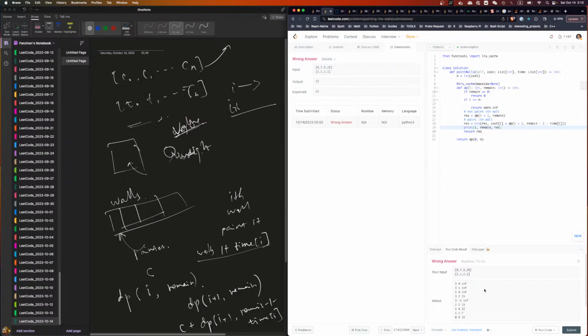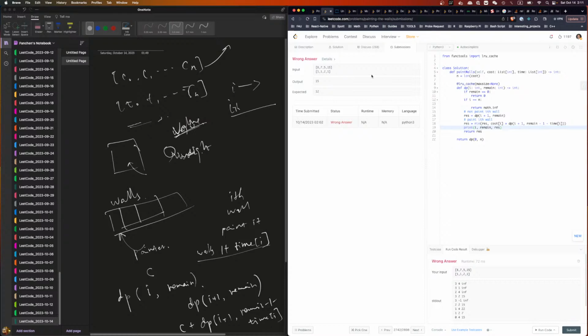"12" never shows up. 0, 1, 2, 3. So 3 with 4 left. Yeah, that's no. 3 with 1 left. That's wrong. 3 with 1 left shall be 15.